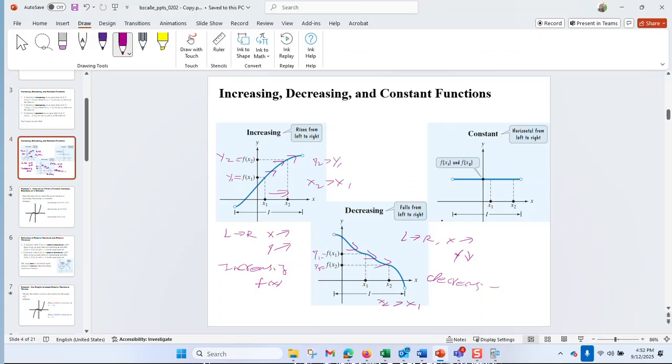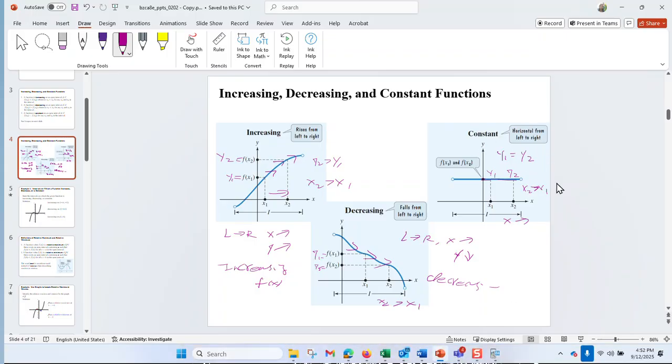And this one, when x is increasing from x1 to x2, x2 is greater than x1. What happens with the y? This one is y1 and this one is y2. My y1 actually equals y2. So this situation is considered constant.